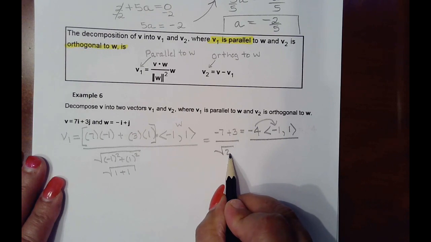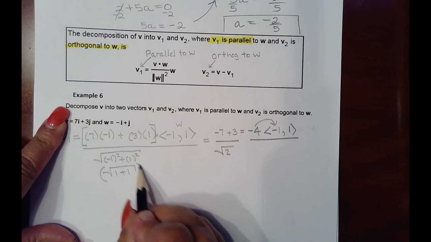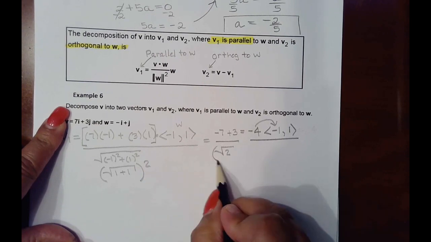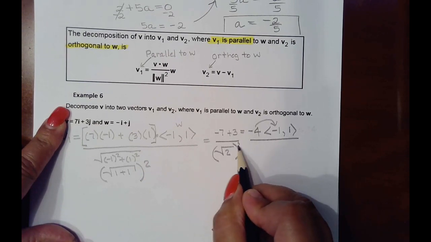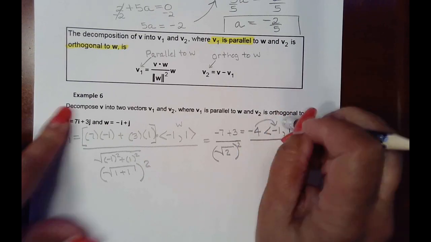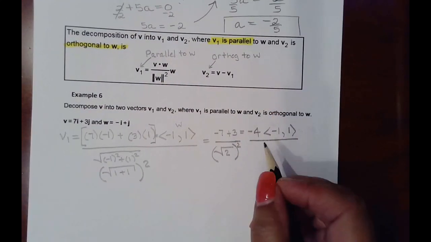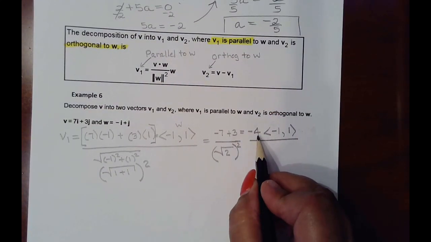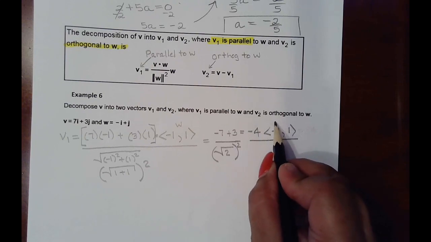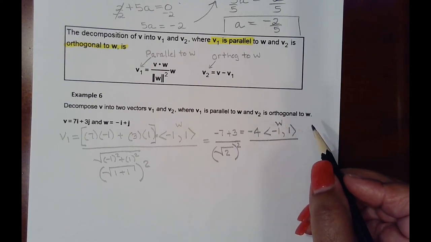Okay, but this formula says that after you find that magnitude, which is what this is, that you are to square it. So this will be the easiest way to just get one coefficient and then multiply it by the vector. Get it done like that. Okay, so we have -4 at the top. And this is just the vector W, which we're eventually going to multiply by that vector.